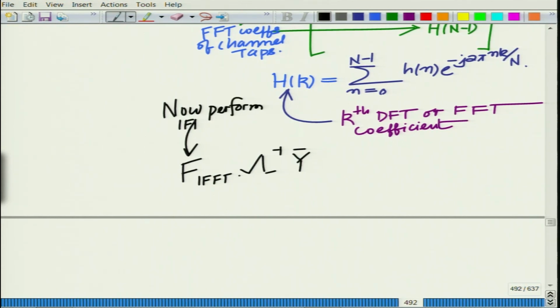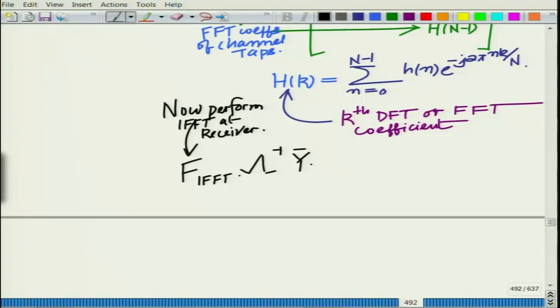So, at the receiver in SC-FDMA we are performing both FFT and IFFT. Contrast this with OFDM, where you perform IFFT at the transmitter and FFT at the receiver. In SC-FDMA, it is FFT followed by IFFT at the receiver.